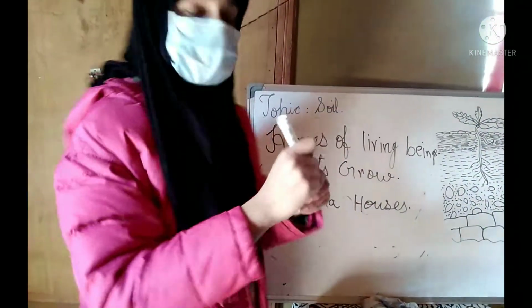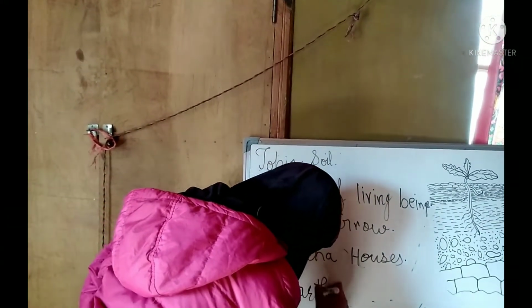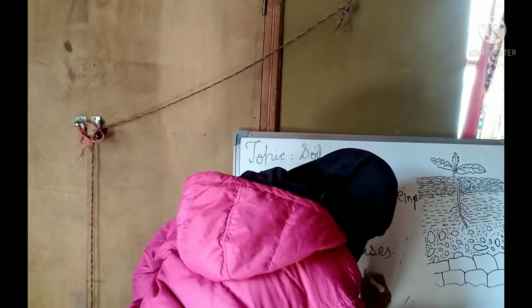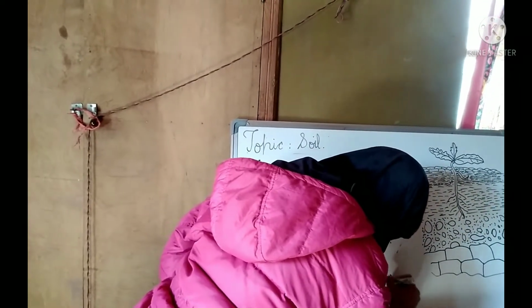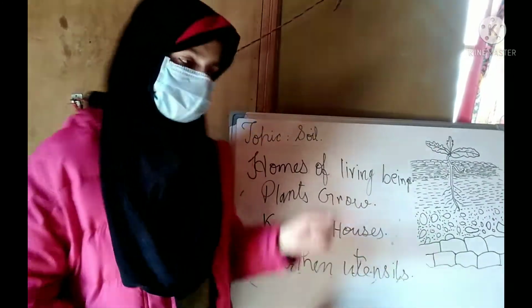And then it is also used to make the earthen utensils. So these were a few of the uses of the soil.